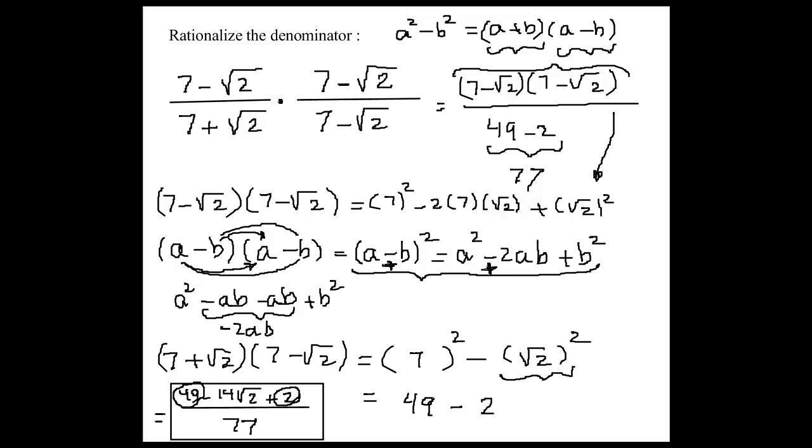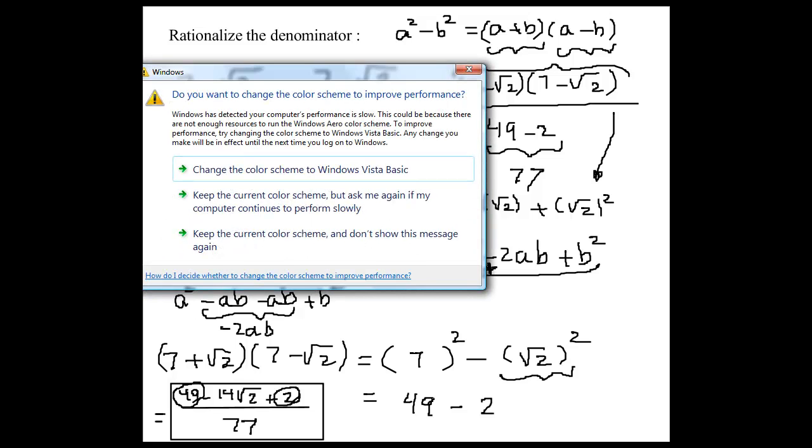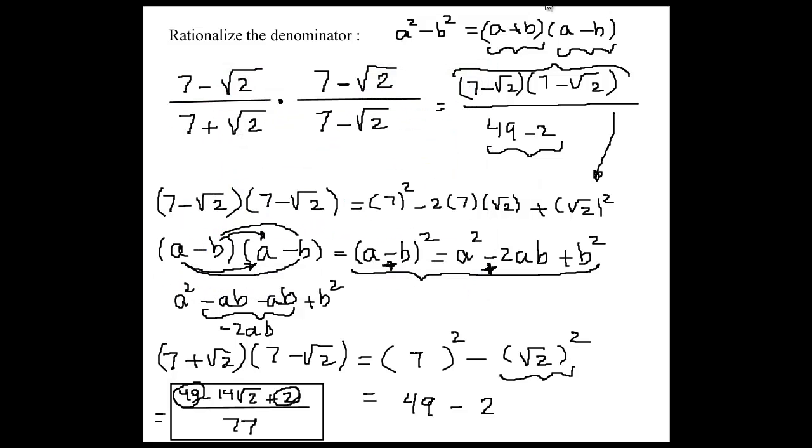Okay, so this is not 77 because 49 minus 2, right? What is 49 minus 2? Not 77. It's 47. Okay, a few of you in the chat room caught that. It's 47, not 77.